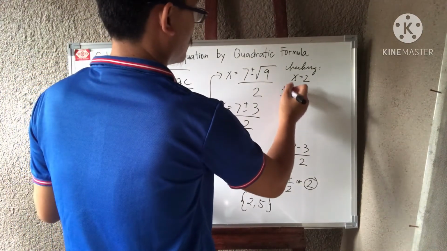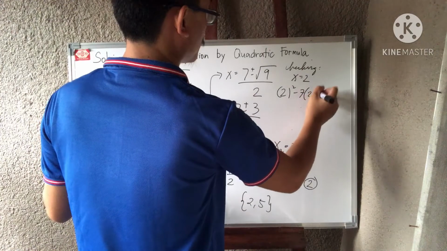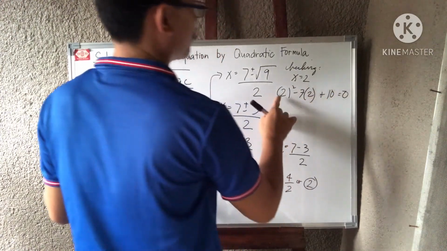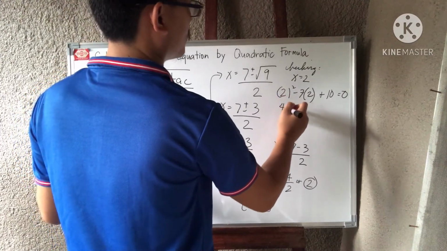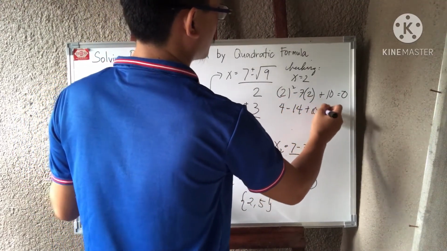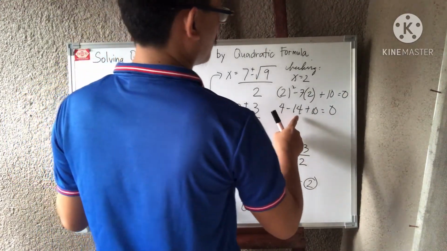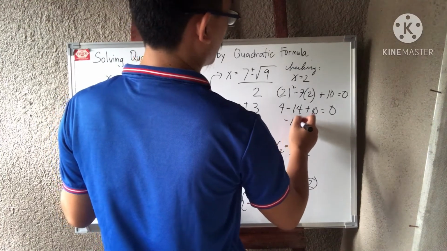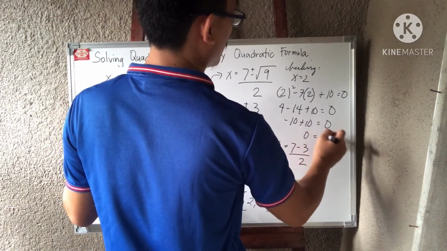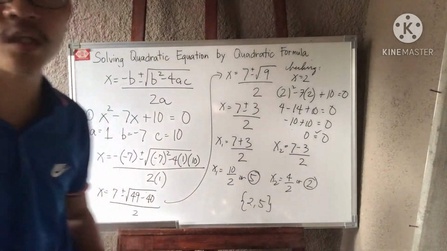So, 2 squared minus 7 times 2 plus 10 equals 0. 2 squared is 4 minus 7 times 2 is 14 plus 10 equals 0. So, 4 minus 14, that is negative 10 plus 10 equals 0. 0 equals 0. Tama yung ating solution, which is 2.